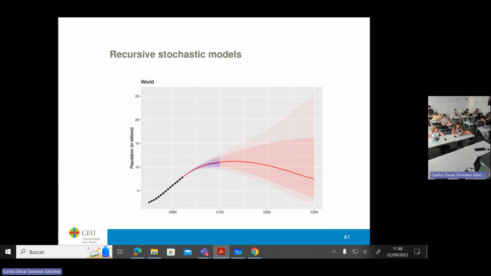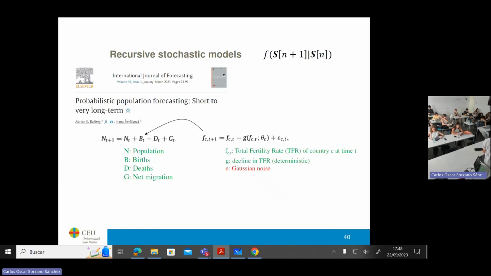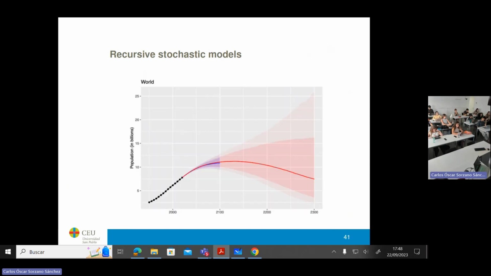So you look for the parameters. This has the parameters, this theta of the country, they are numbers, and you estimate those numbers. Then within the region where you have data, they can be quite accurate. As you go away, there is more and more uncertainty, and it is important that you model the uncertainty.